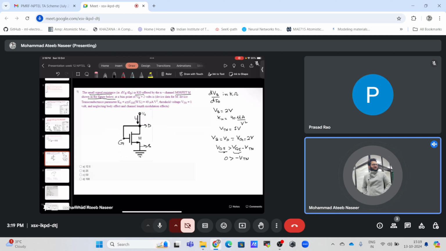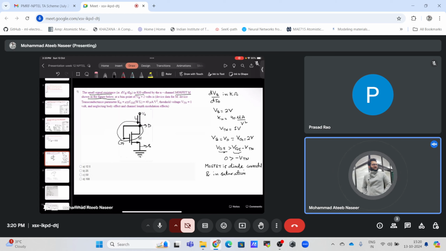This is also known as a diode connected device. So the MOSFET is diode connected, and hence VDS will always be greater than VGS minus VTH, and it will always be in saturation.